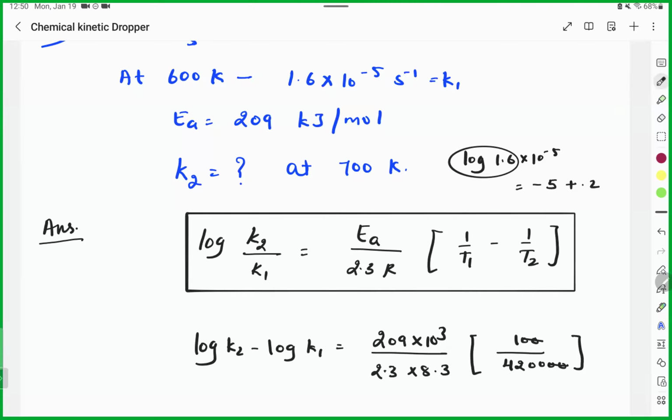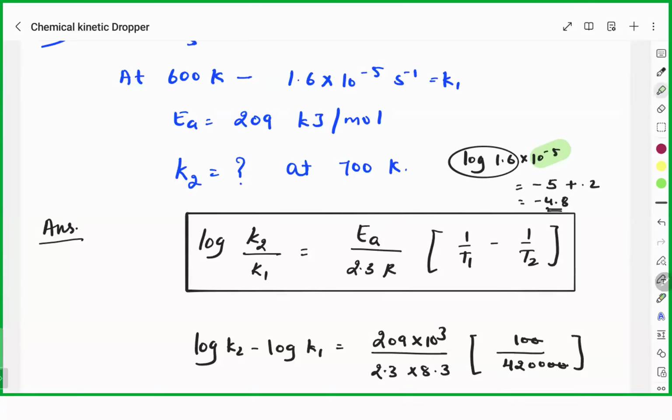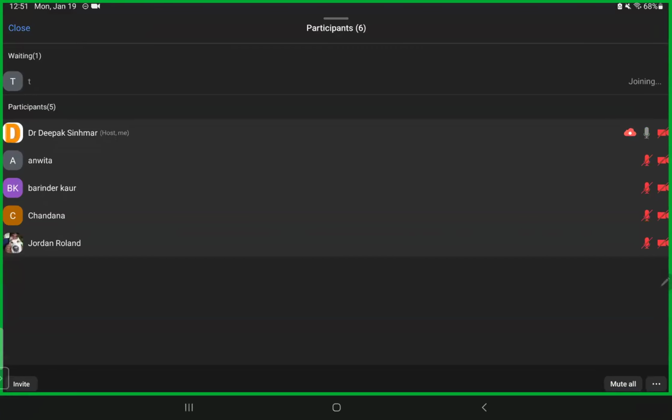Correct? It will be minus 4.8. You did the same thing? First I calculated the RHS part and I shifted the log to the right side. But when you calculated the value, you got the same thing? Yes, sir.